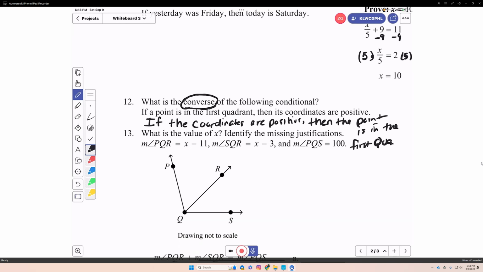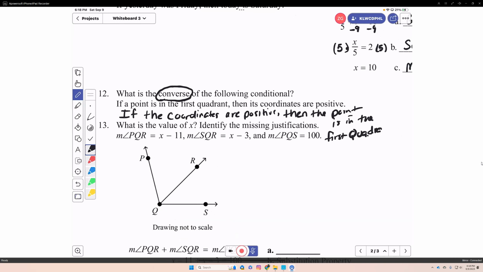The first quadrant, I'm going to abbreviate right there. I'll make it smaller so you can see it. So what you do with a converse statement is you switch the hypothesis and conclusion.